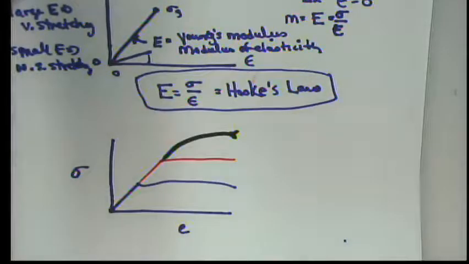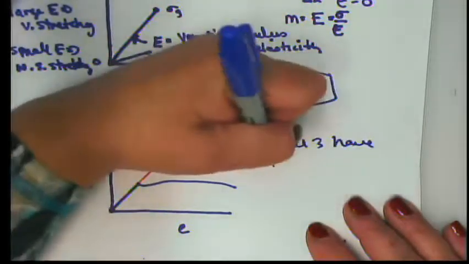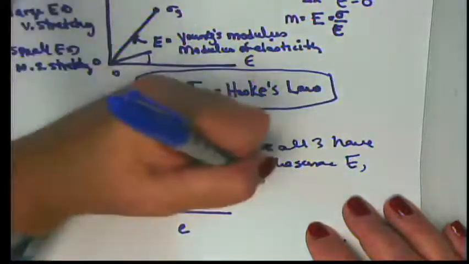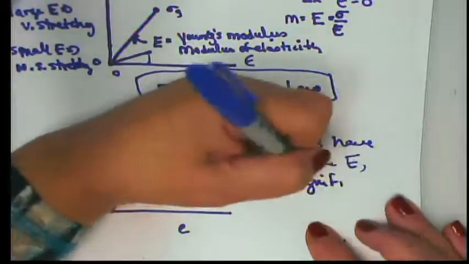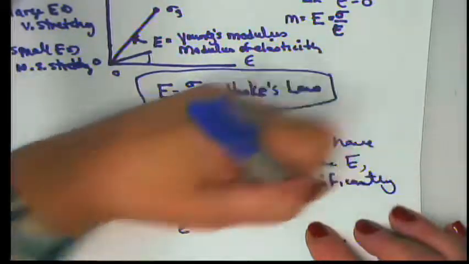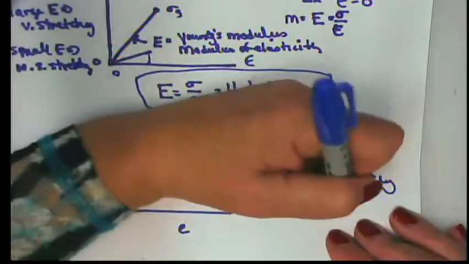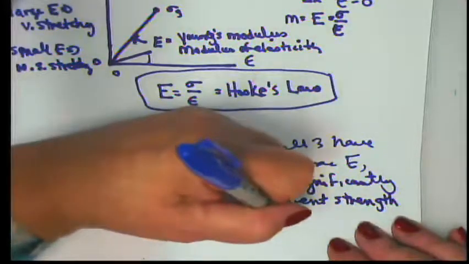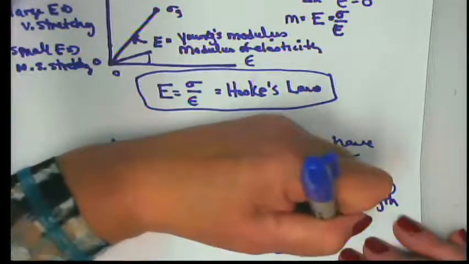All three of these have the same modulus of elasticity, but significantly different amounts of stress they will take, or strengths, as measured by either sigma yield or sigma rupture, right?